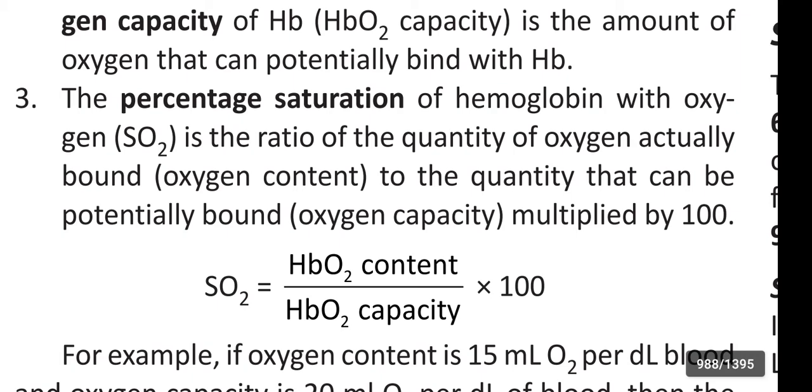Actually bound is oxygen content; potentially bound means its capacity, multiplied by 100. Percentage saturation of hemoglobin is equal to HbO2, the oxygen content, over the oxygen capacity, into 100.